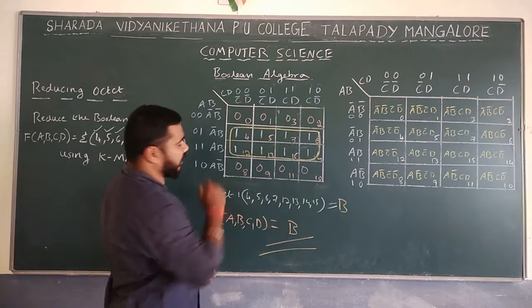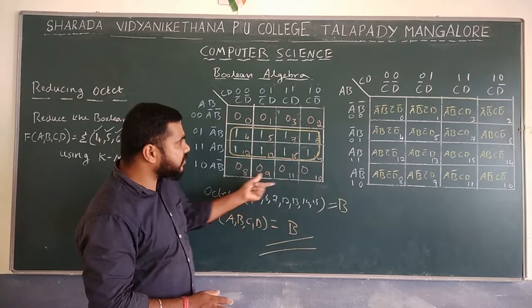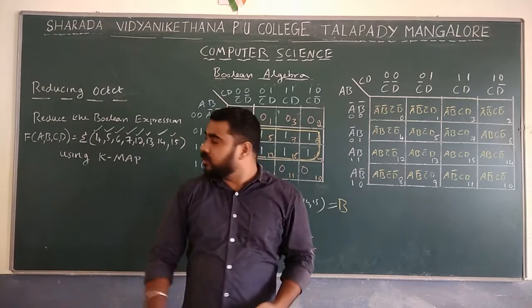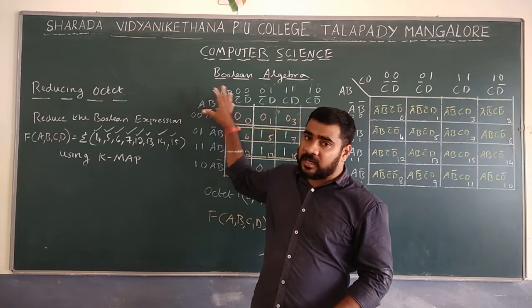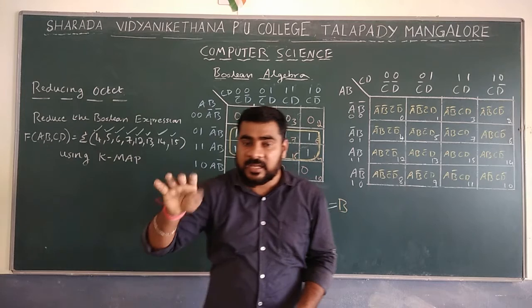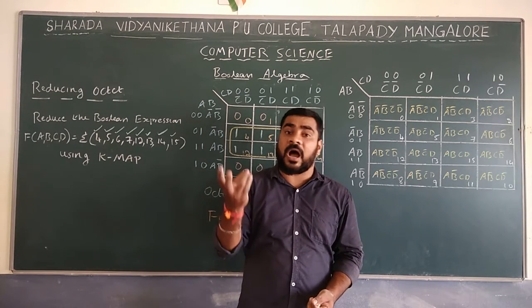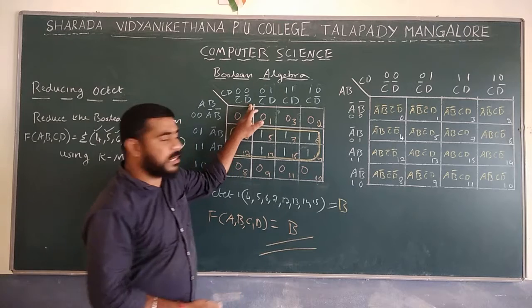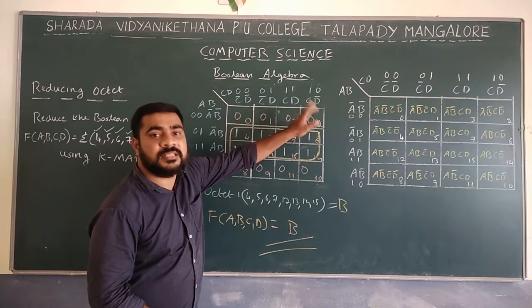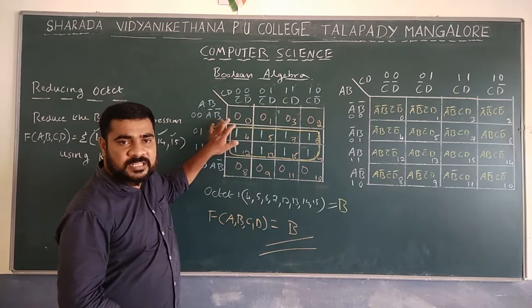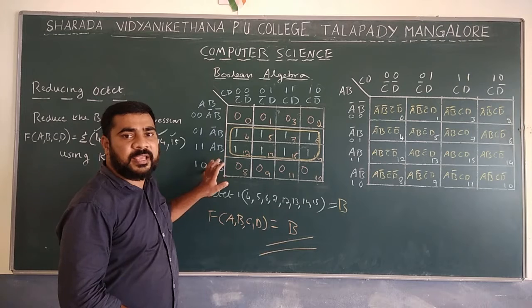Then you have to create one more statement, in which you are going to reduce, that is for your reference. Then write the values: 0, 0, 0, 1, 1, 1, 1, 0. Then C dash D dash, C dash D, C D, C D dash. Here A dash B dash, A dash B, A B, A B dash.